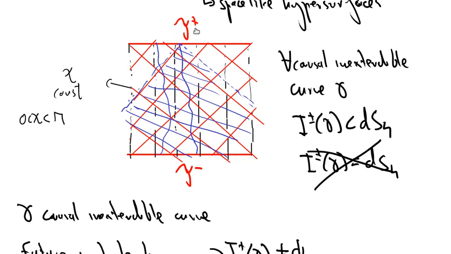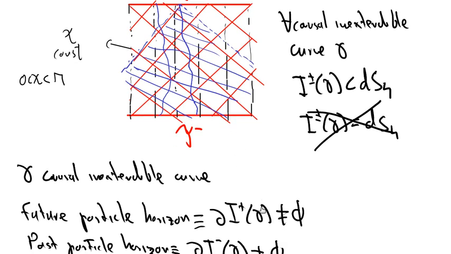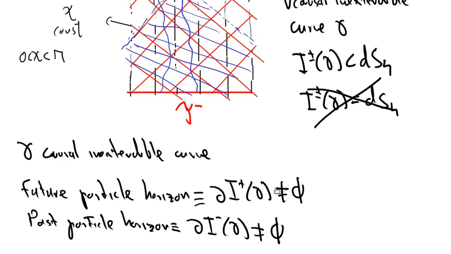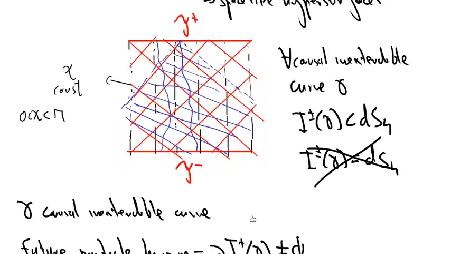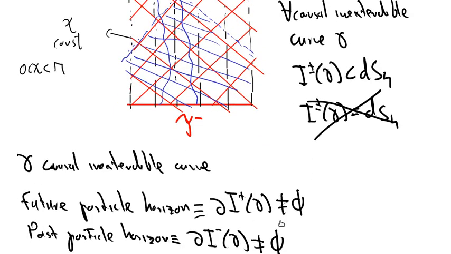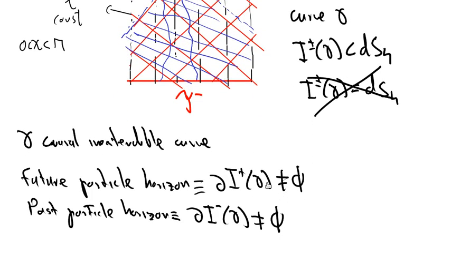Remember that in Minkowski, these two were null hypersurfaces, and the very fact that they were null hypersurfaces implied that for some curves these sets were empty. Here, since these are space-like, for any curve these sets are non-empty.